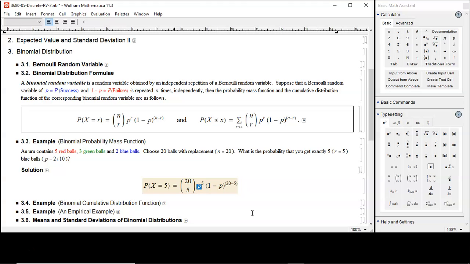And then p, what's the probability of success here? How many blue balls out of total? That's 2/10. And then the failure, 1 minus 2/10, so there you go. And then 20 minus 5, that's the 15 power.